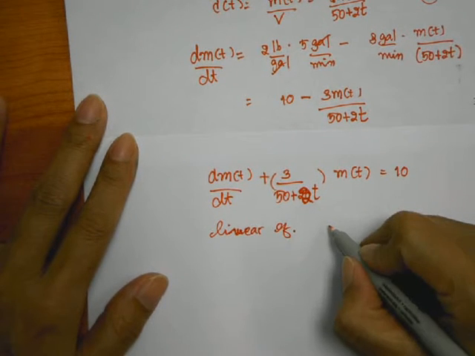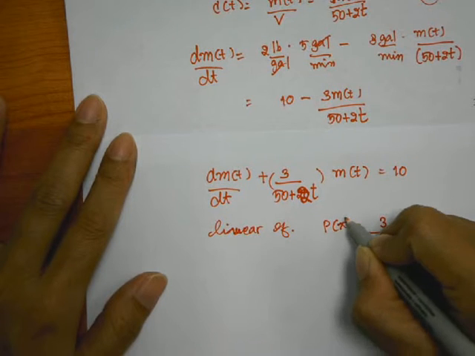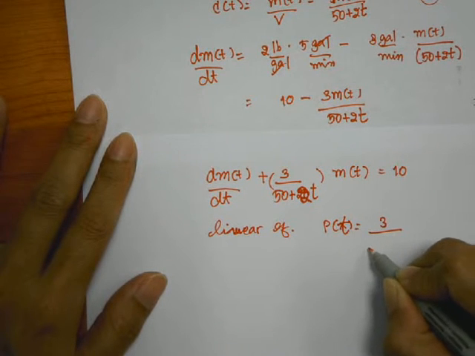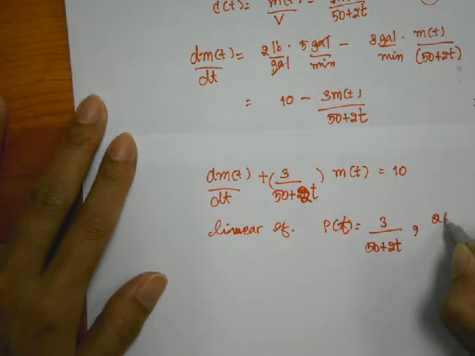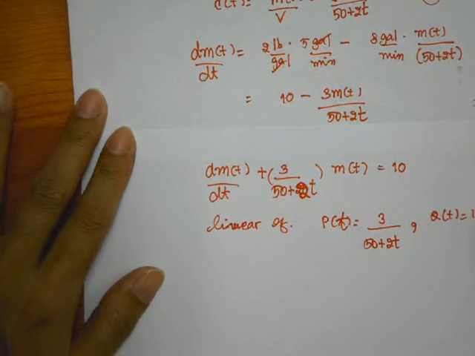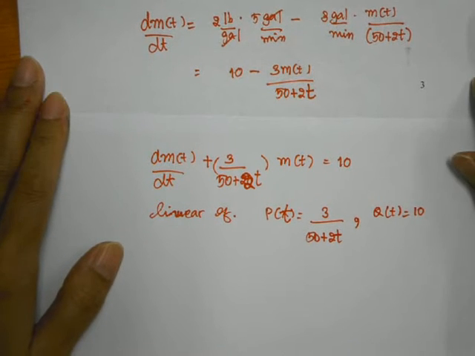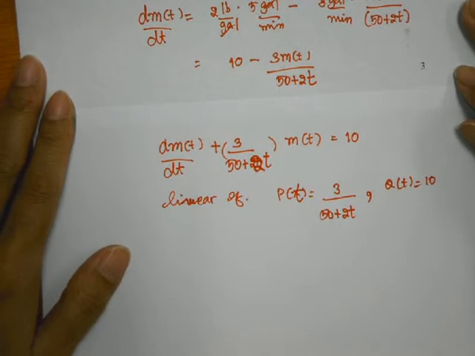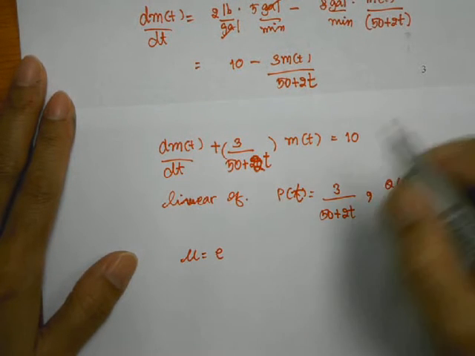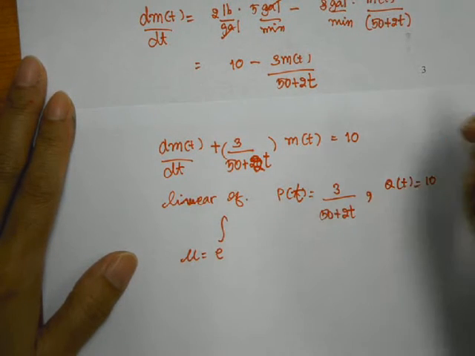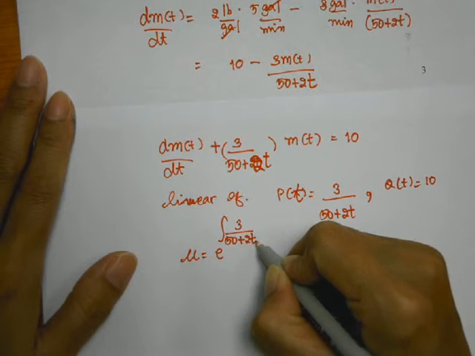Which has P(t) equal to 3 over 50 plus 2t, and Q(t) is equal to 10. Then we can find the integrating factor, which is equal to the exponential of the integral of 3 over 50 plus 2t dt.